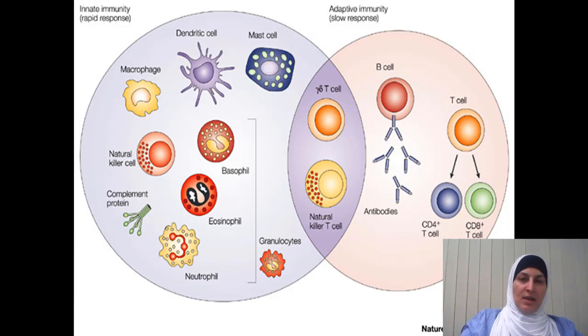The examples that I have discussed, showing the migration of the neutrophils, the presentation of the antigen using the macrophages, and the presence of the complement proteins, this is not the whole story. This is not the whole picture. This is just part of it.